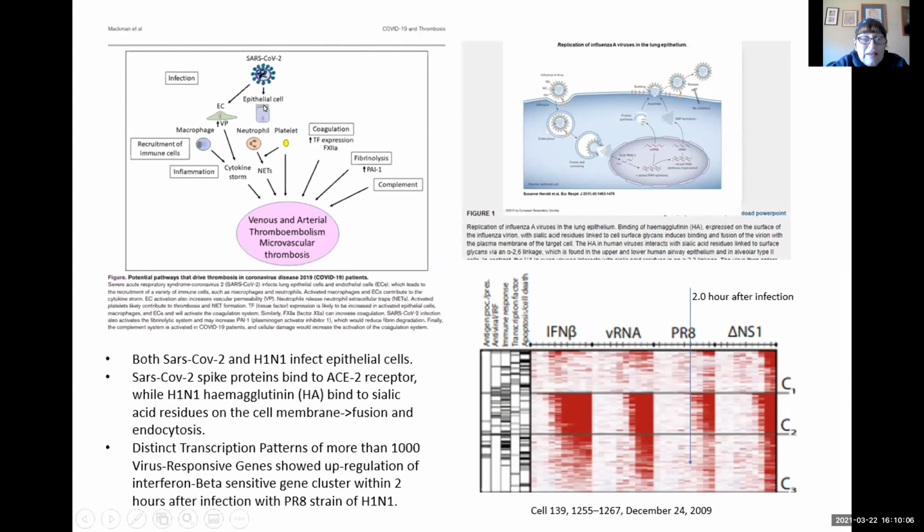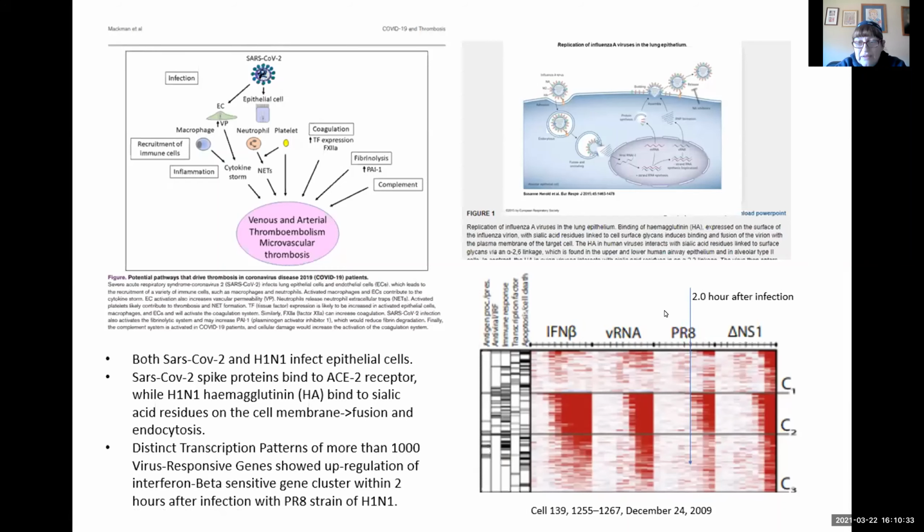But the epithelial cells emit all kinds of cytokines and chemokines that then do make their way and have a lot of sequelae. A recent paper from Cell actually looked at which genes are upregulated and in a timeline for how long it takes to upregulate them.